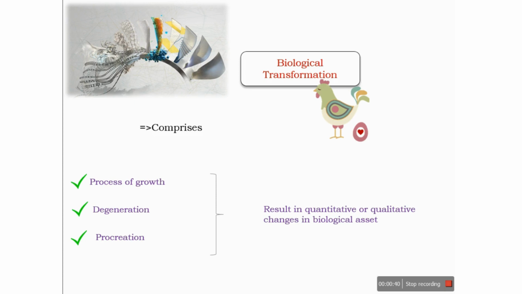Similarly, dogs used for guarding, animals used for vaccine trials, animals used for racing, and pets will not be covered under the definition of biological transformation.